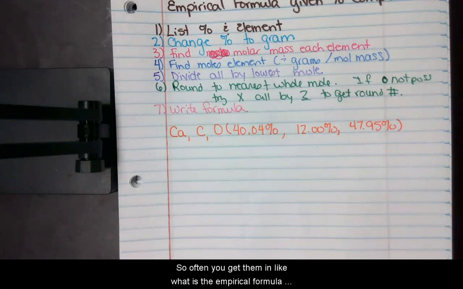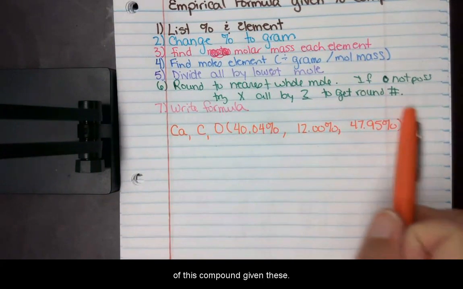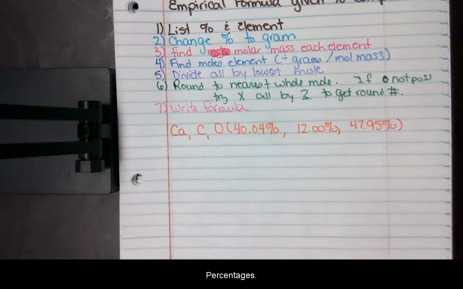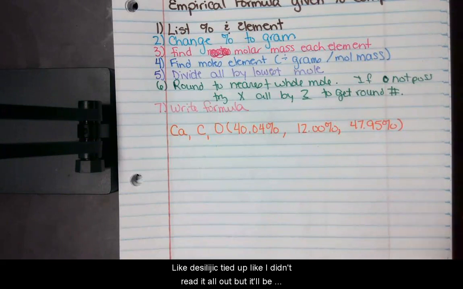So often you'll get something like, what is the empirical formula of this compound given these percentages? Like, that's a legit setup. I didn't write it all out, but it'll be like, what is the empirical formula given the percent composition of this compound? So remember, your first step is to list the percent in each element.